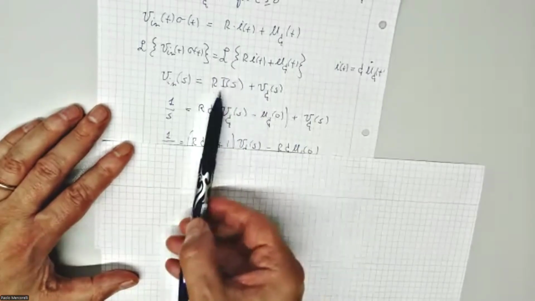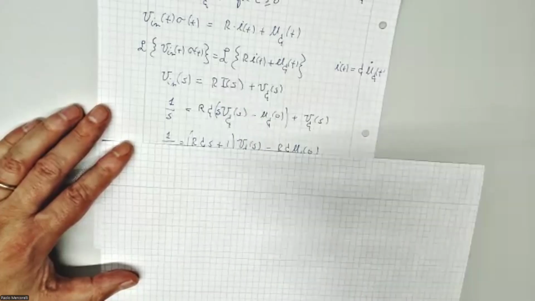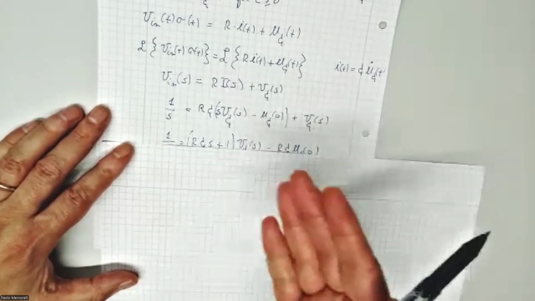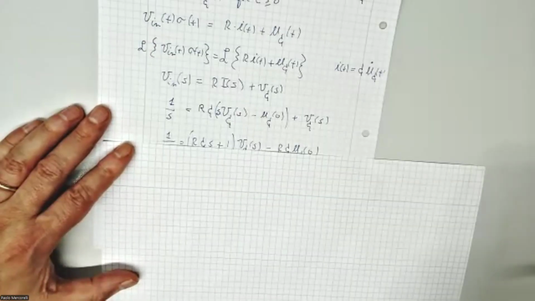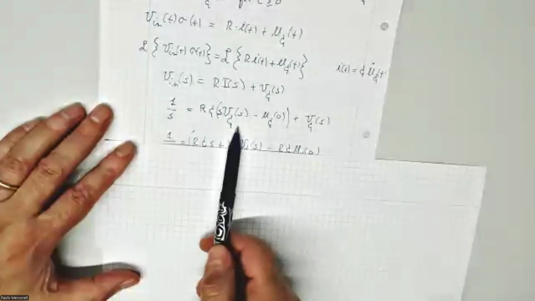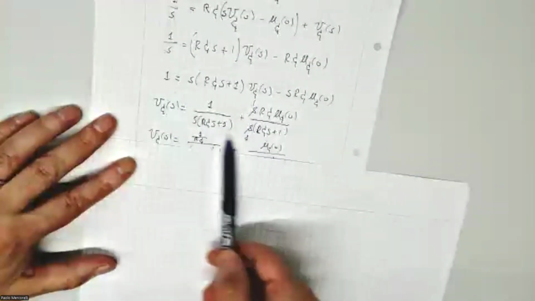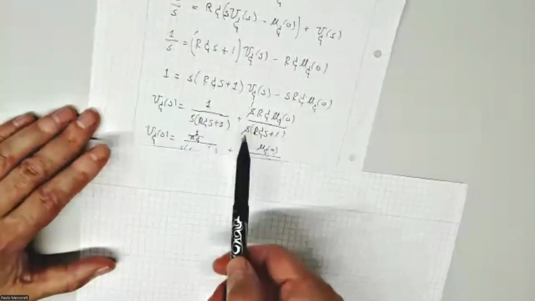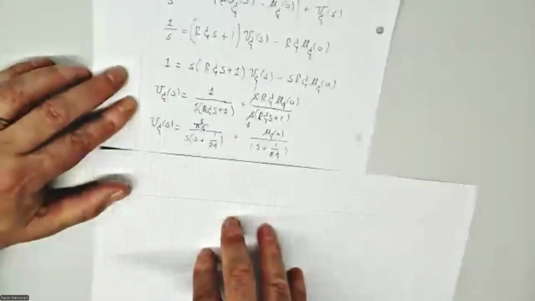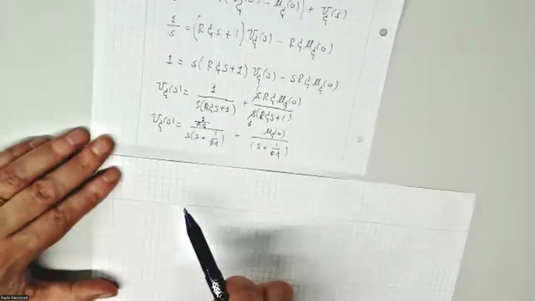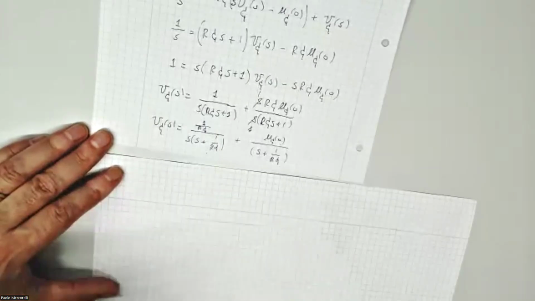Anyway, if you don't like it, you can do it in this form. The current of the capacitor in Laplace is C times S multiplied by UC of S, capital U of S. And at the end, please pay attention, we have exactly the same. S of S divided by S does make sense. It makes sense. It's not wrong, but it's useless. This we had. Remember, I divided everything by RC.